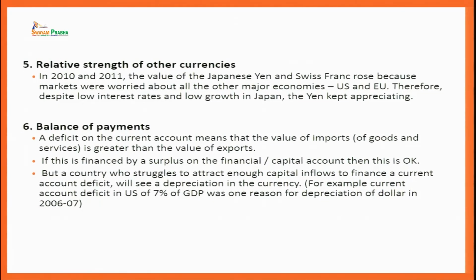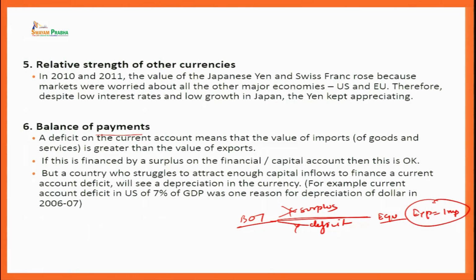So you need to figure out whether your country's economy is stable or not, and for this you need to control the balance of payment, and for this you have to take care of your balance of trade by ensuring that there is no surplus and no deficit, and at the same time you need to focus on what? An equilibrium situation, where your exports equal imports. This is an ideal situation. Surplus is also not good, deficit is also not good. Rather you need to strike the balance of exports equal to imports.